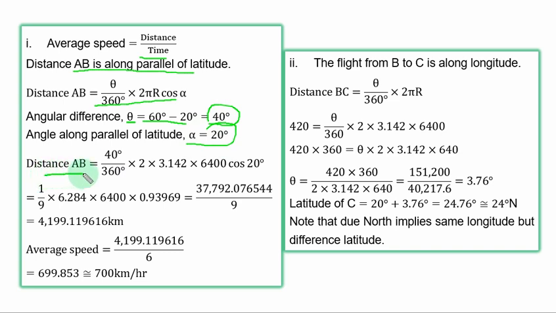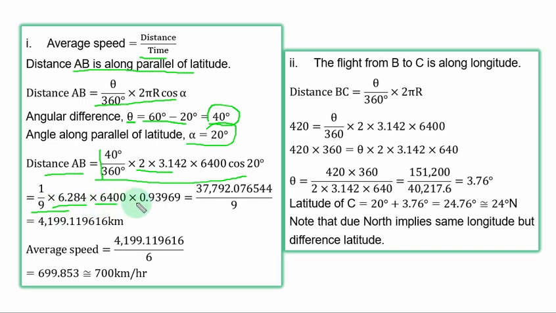So distance AB is equal to this. Of course, capital R is the radius of the earth. Whether given to you or not, the value is always 6,400 kilometers. If you reduce and simplify, you get this. If you reduce this 2, you have 1/9. You multiply this by this, you have this result, times 6,400.